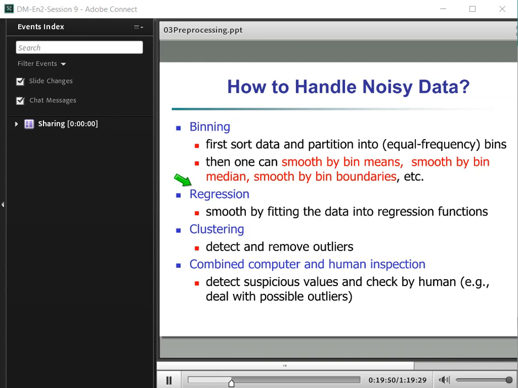The second approach to handle noisy data is using regression. When a noise is added to a data, the deviation of that data from, for example, the mean of data is increased. Its deviation will be increased.